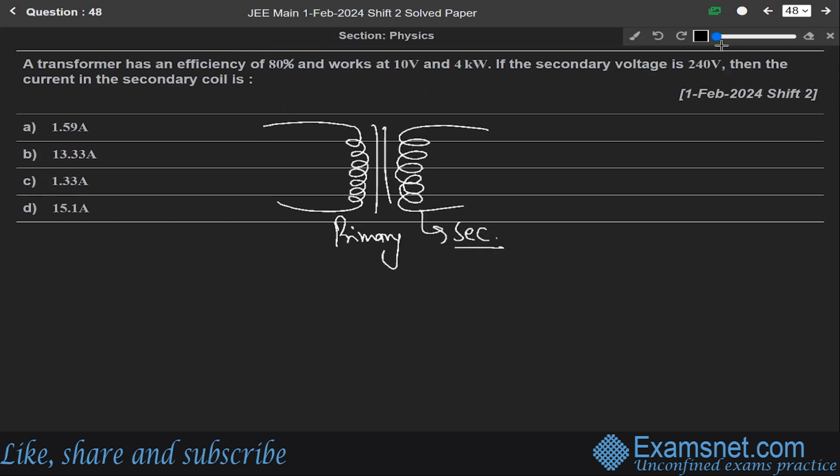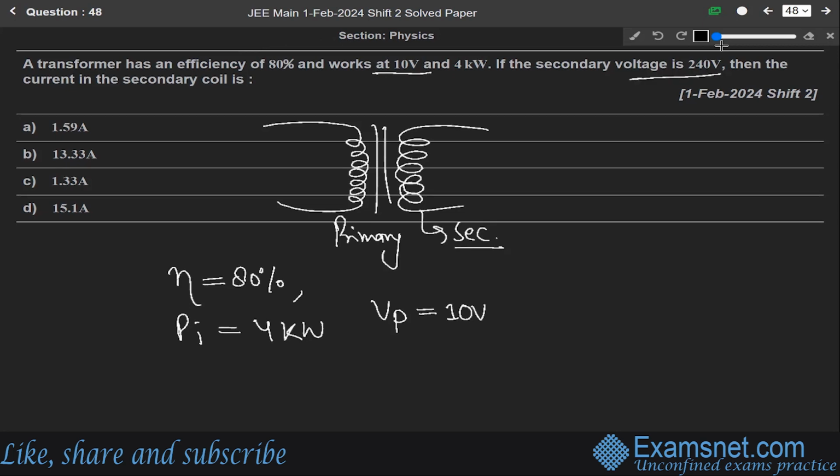According to the question, efficiency eta is 80% and power is 4 kilowatt. It works at 10 volt, meaning primary voltage VP is 10 volt, and the secondary voltage is 240 volt. We have to find the current in the secondary coil, that is IS.